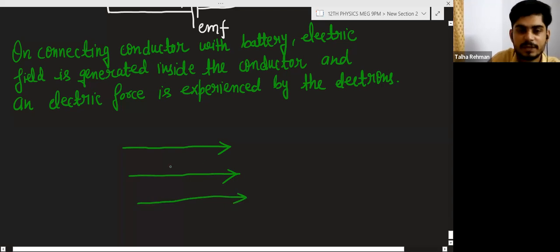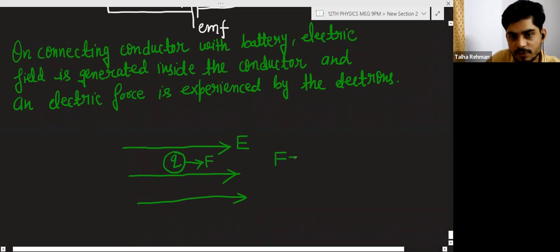And we know that whenever a charge is placed in an electric field, due to this electric field, there is a force on this charge, and this force has the value charge Q into E. If a negative charge is placed, then the direction of force is opposite to the direction of electric field.